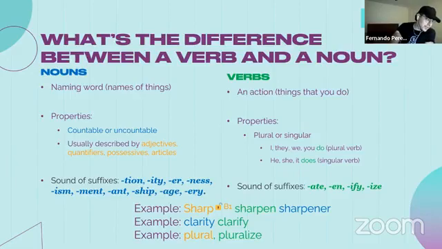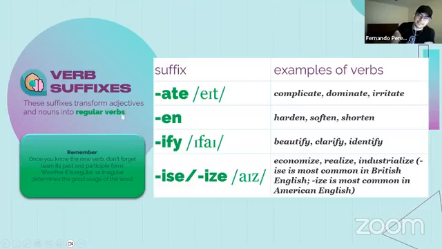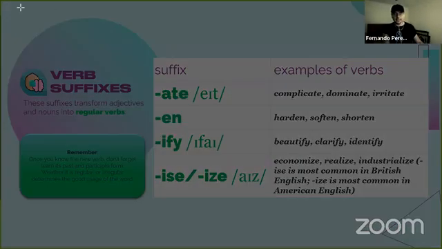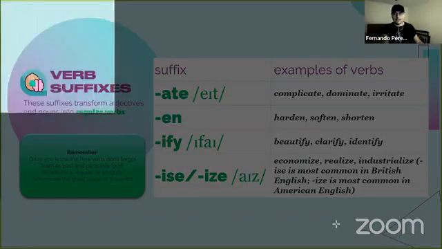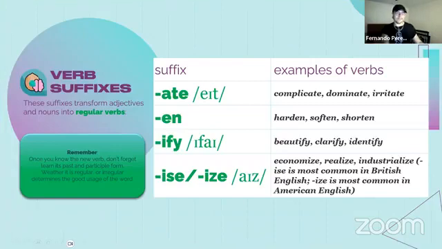Let's study all together verb suffixes. This is going to be one of the first topics that we are going to have in the evaluation for this month. And this is an easy task. -ate, -en, -ify, and -ize are the four verb suffixes that we can use to transform other words into verbs.